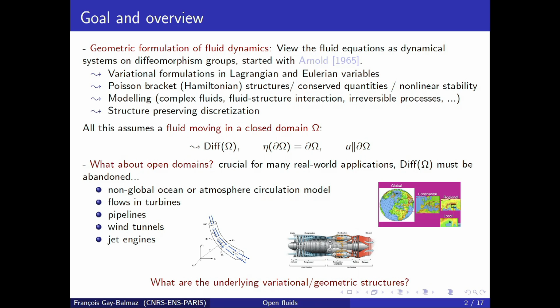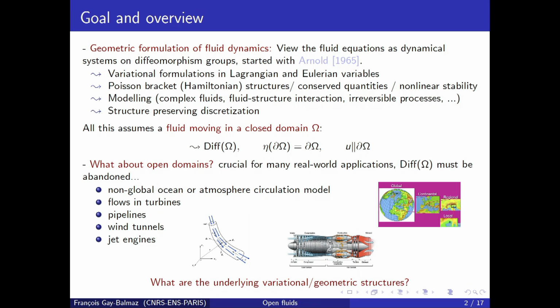For instance, once you see fluids on diffeomorphism groups, then you have access to variational formulations in the type of Hamilton's principle, and you can apply reduction by symmetries to find variational principles in other descriptions. You have also access to the whole geometric structure on the Hamiltonian side, such as coadjoint orbits, Poisson brackets, etc. Also, as we have heard earlier, it's very useful for numerics and for modeling.